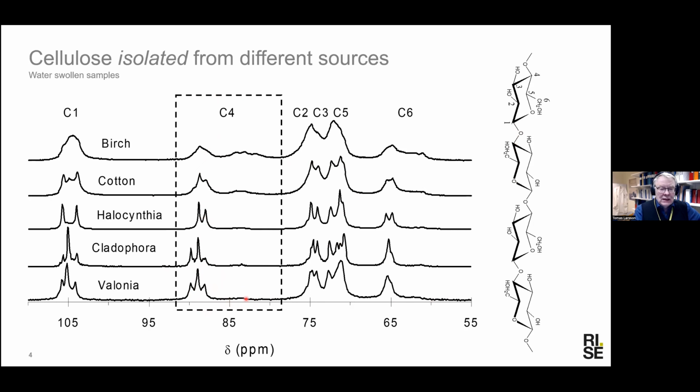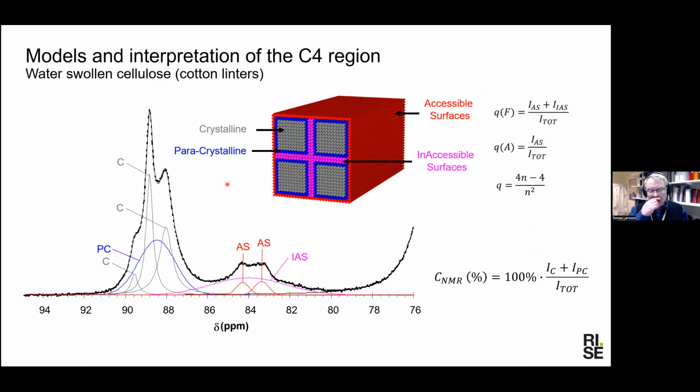We take that a step further by using the region where signals from carbon atom 4, the one next to the glycosidic linkage, show up, because that happens to be the region that has the highest apparent resolution. You can put a couple of things together here to obtain information about the supramolecular structure. First of all, you need some idea about the physical model of the material.